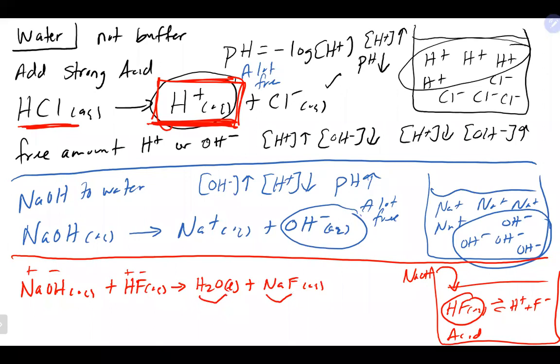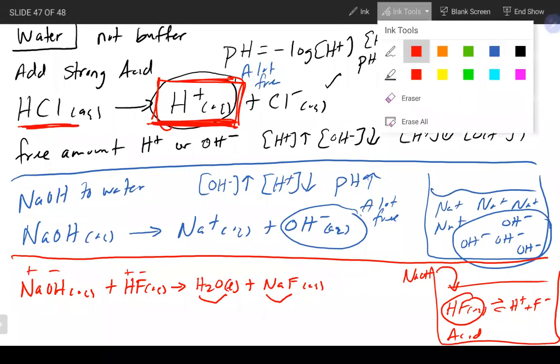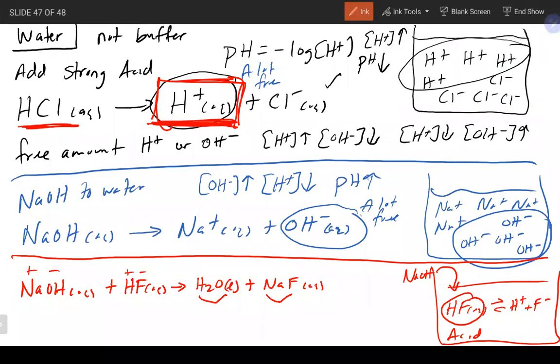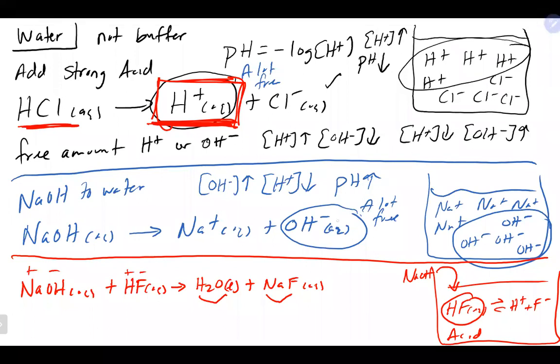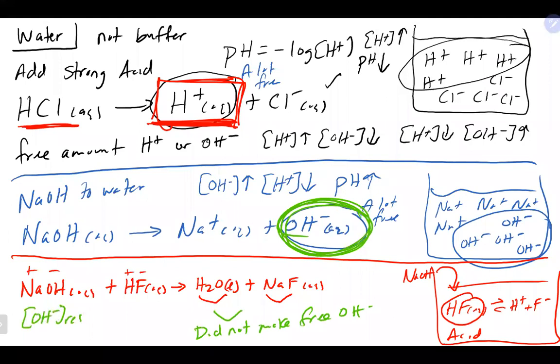But once again, it is what we do not see there that we did see when we added the base to the water. When we added the base to the water, we made a lot of OH minus. In this case, we did not make free OH minus, which means the concentration of OH minus is relatively constant. Because OH minus and H plus are tied together, the H plus concentration will also be relatively constant.